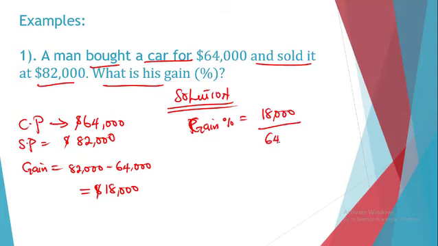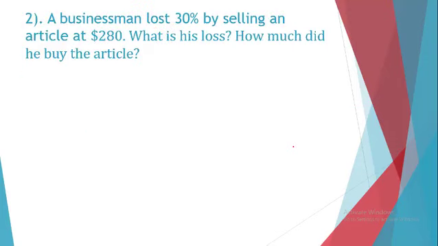Our cost price is 64,000 times 100%. Do you understand? So 18,000 divided by 64,000 times 100% will give us 28.13%.